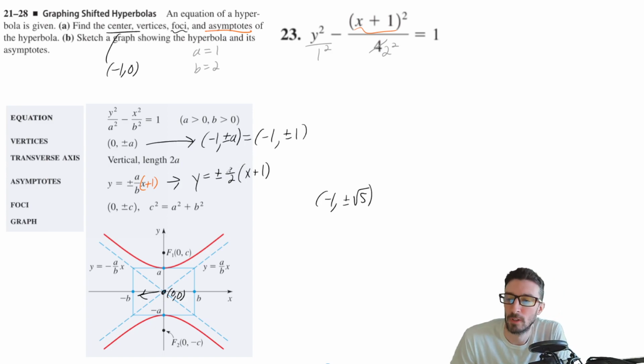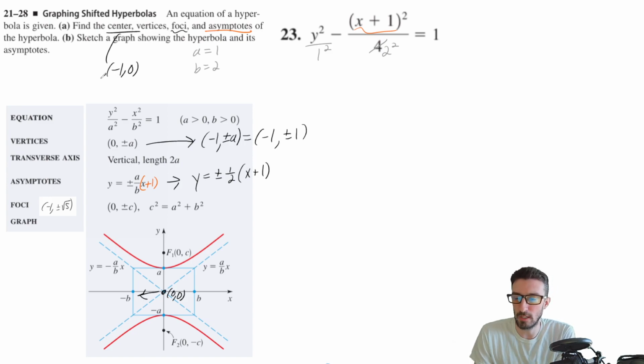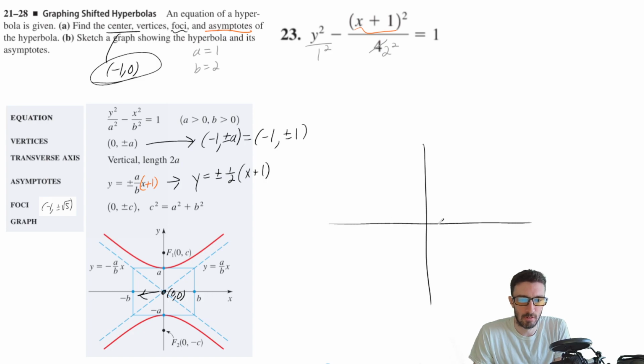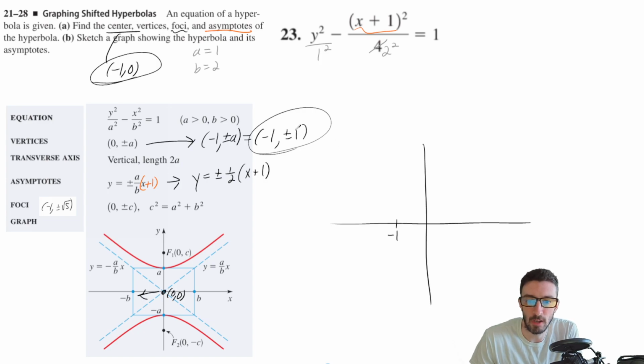I'm not going to. Okay, so now we need a graph that is centered at negative 1, 0. So let's just put over here will be negative 1. And that's going to be our center. And then the next thing I'm going to get in there are our vertices. And we had said our vertices are negative 1, comma, positive 1, and also negative 1, comma, negative 1.